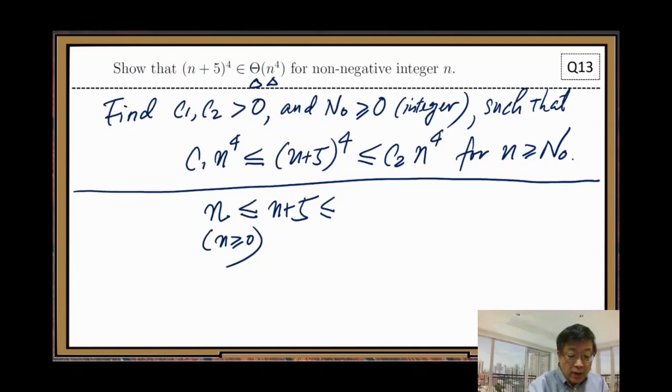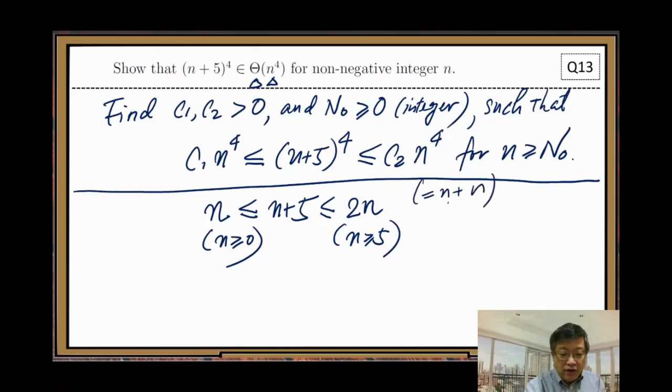The other side: can we use 2n as the upper bound? Here, you need to specify n greater or equal to 5. How about that? Because when n is greater or equal to 5, 2n is n plus n.